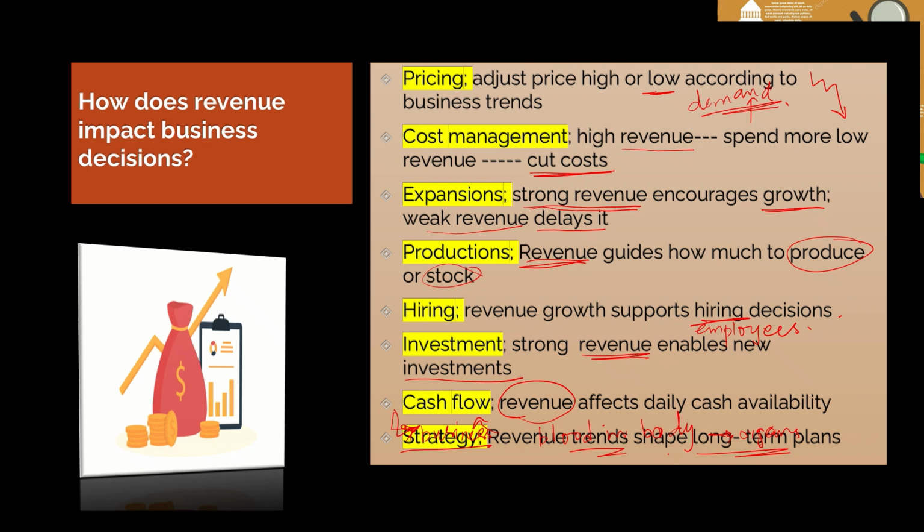We need to focus on production of heaters. We need to consider the production of warming things like jackets, sweaters, caps, boots, or other products that support winter sales. So yes, with the help of revenue, we can formulate the strategy also.